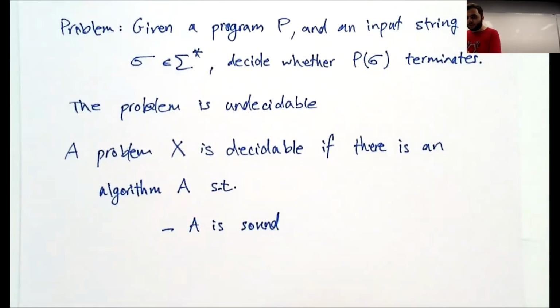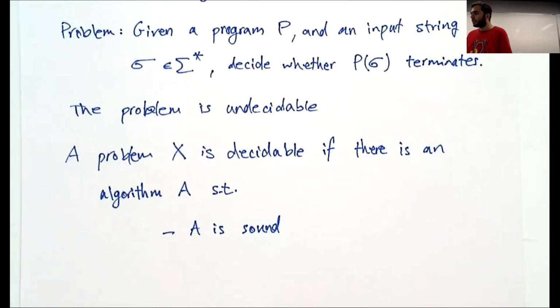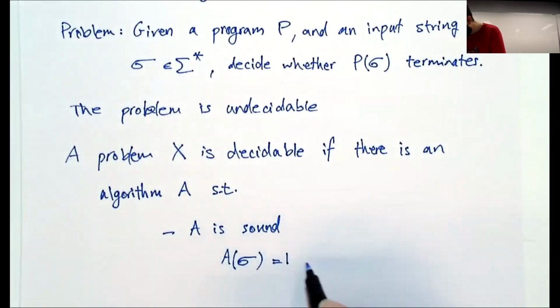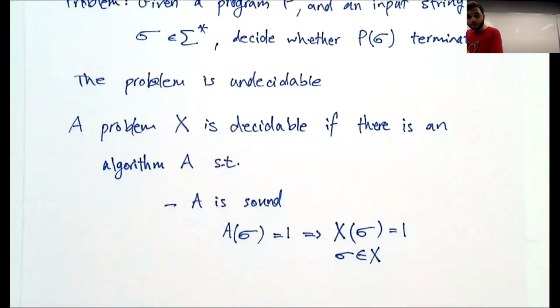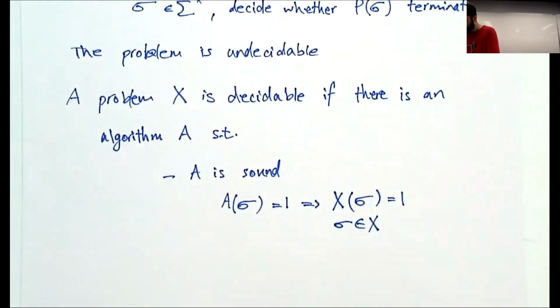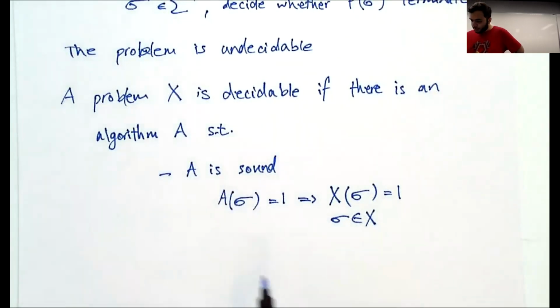This means that if the algorithm says the answer is yes, then the answer should actually be yes. So if A of sigma is 1, then I should have X of sigma also 1, or sigma in X, if I think of X as a decision problem or as a language. In our case, it means that if our algorithm says that the program terminates, then the program should actually terminate.